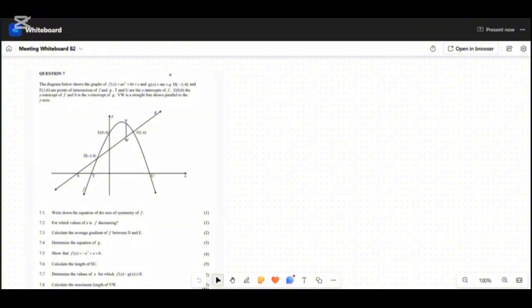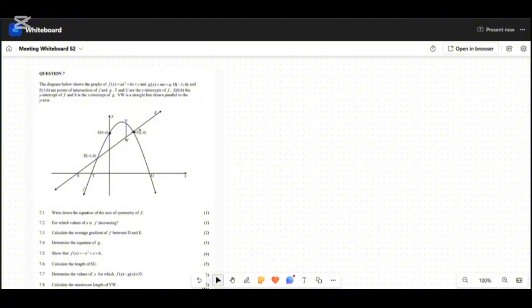But when you have point E and F, they both have the same y value, right? They have the same y value, which means they are actually in the same straight line.